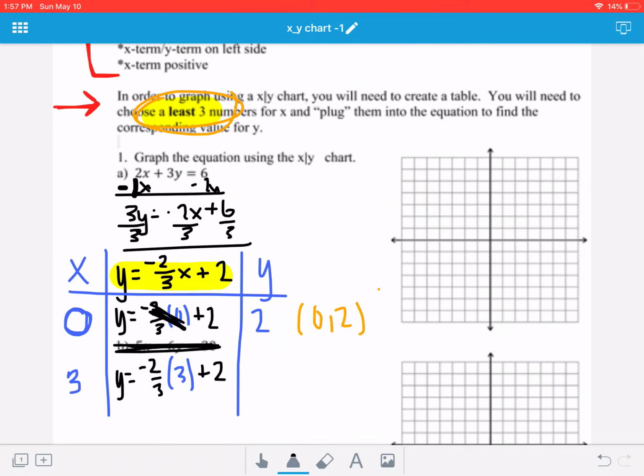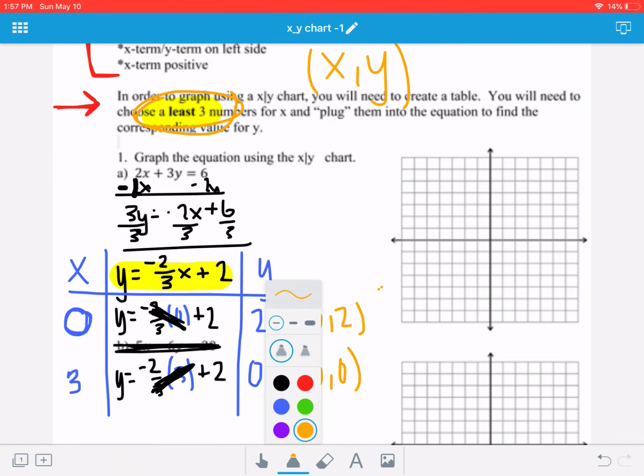When we simplify negative 2/3 times 3, that's going to be negative 2. Negative 2 plus 2 would give us a value of 0. So this gives us the ordered pair 3, 0. Remember, your ordered pairs go x, y. So my x value is 3, my y value is 0. I get the ordered pair 3, 0.